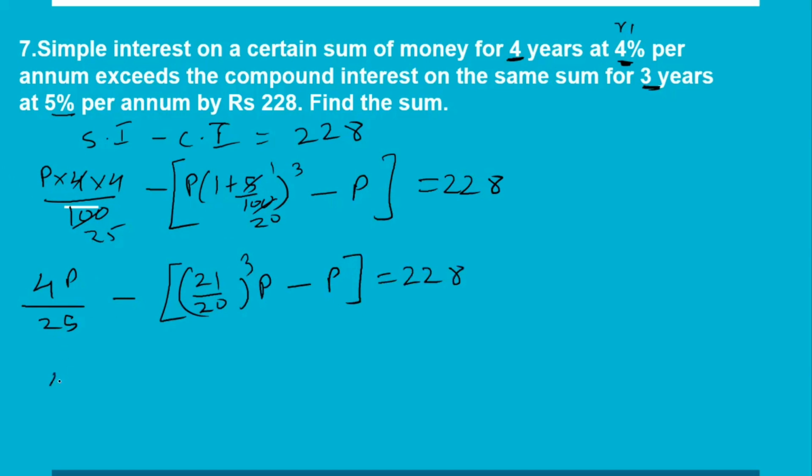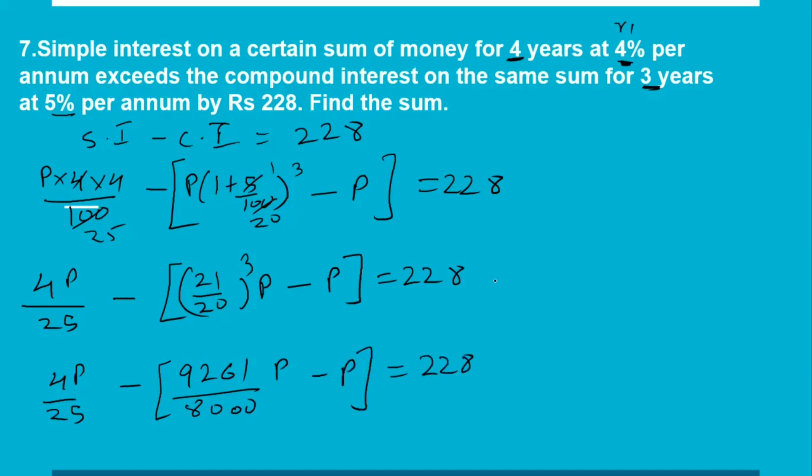Now, 4P upon 25 minus, the cube of 21 is 9261 upon 20 cubed, which is 8,000, P minus P is equal to 228.